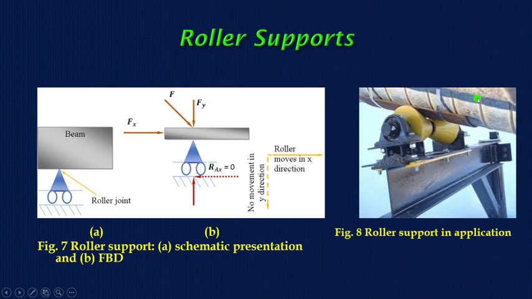Now, what about the reaction? You try to understand, if a body under the action of force can displace in a direction, then there is no reaction. Reaction will appear if under the action of force there is no displacement.